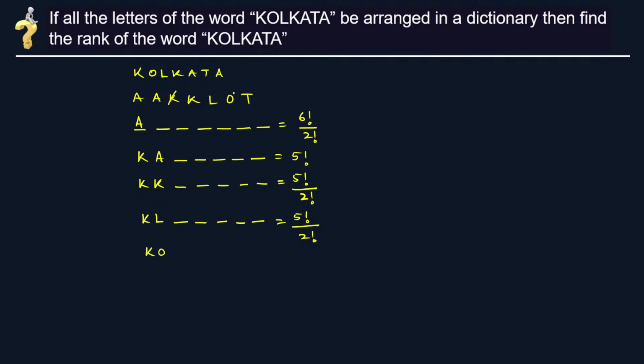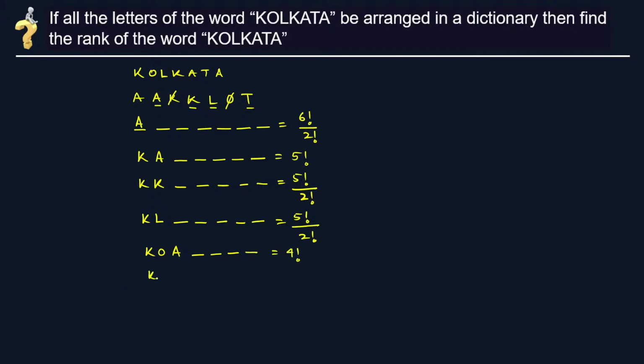So the moment you get O, again alphabetically it will start with A. Now if it starts with A, we are having 4 more places. And we are left with 4 distinct alphabets which are 1A, 1K, L and T. So they can arrange among themselves in factorial 4 different ways.